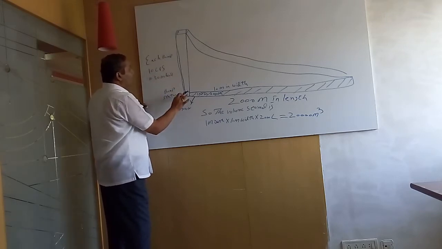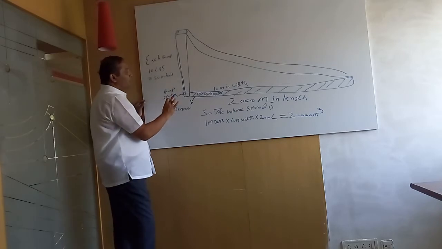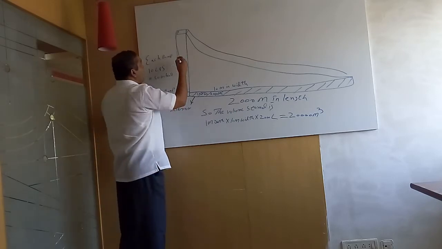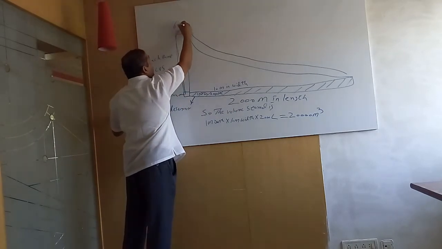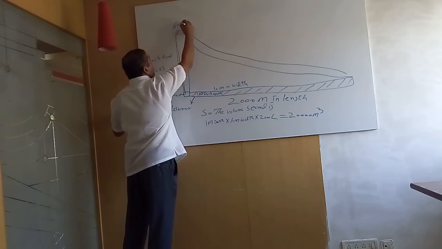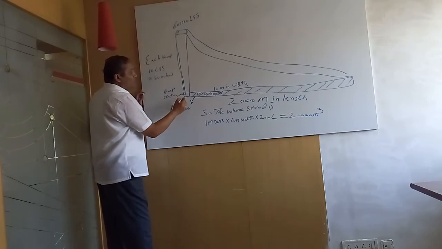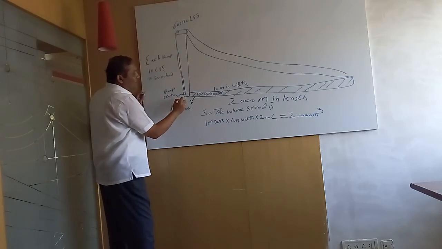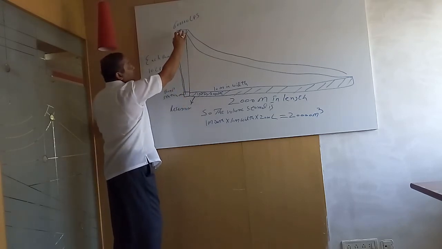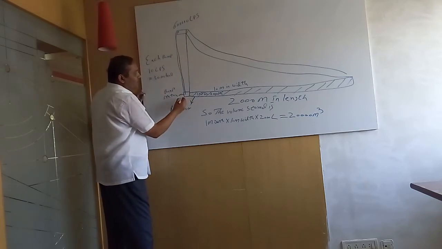So when we are pumping 10 liters per second to 30 meters head, in total we require a discharge of 6 lakh liters per second, pumped from zero level, that is the suction, to the discharge. Discharge is 30 meters, suction is at the ground level.